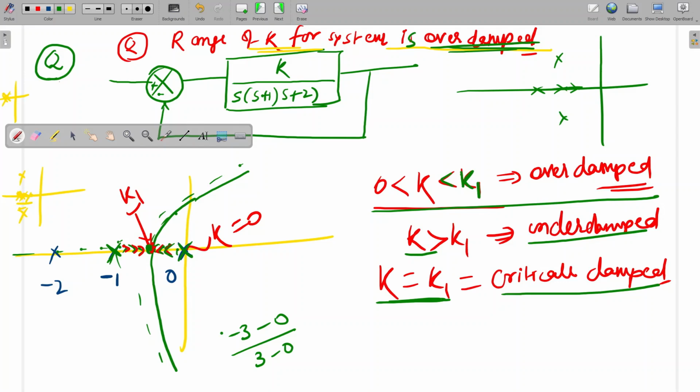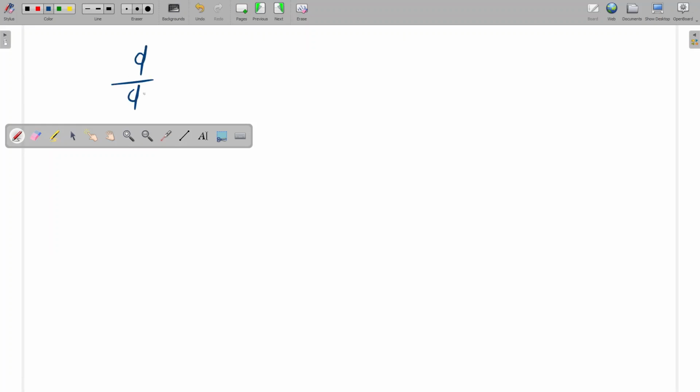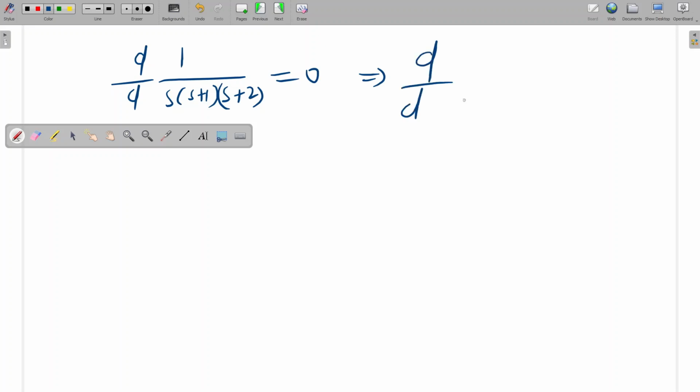So how can we do this? We can just find the breakaway point. So for the breakaway point, d by ds of 1 by s(s plus 1)(s plus 2) is equal to 0. So d by ds, that is this value, s cube plus 3s square plus 2s.